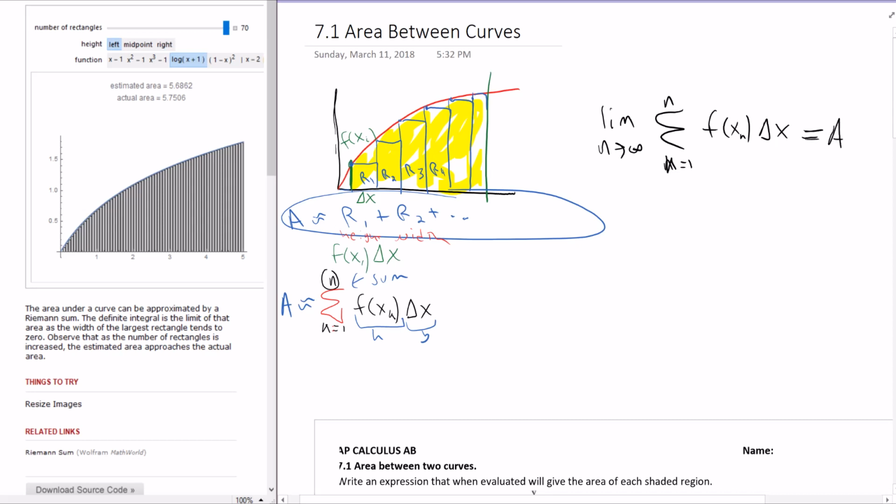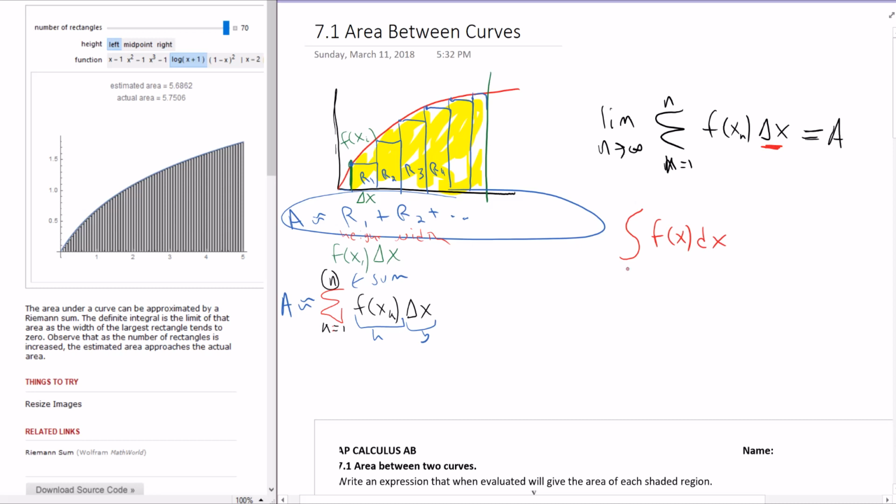And remember how we were talking about this as a sum? Well, we could use the letter S. It's the sum of f of x, and then this delta x we just had become dx. Delta x becomes dx.